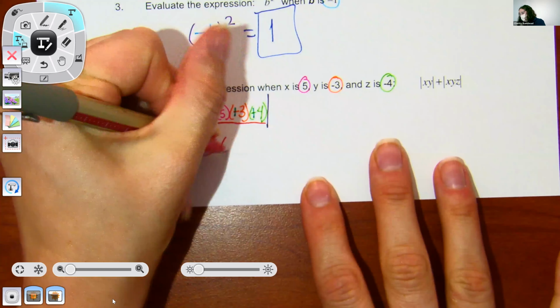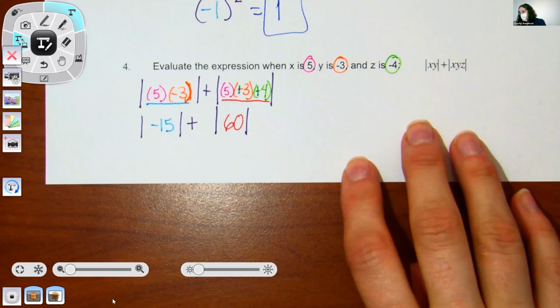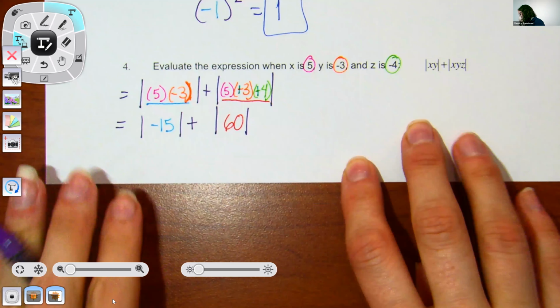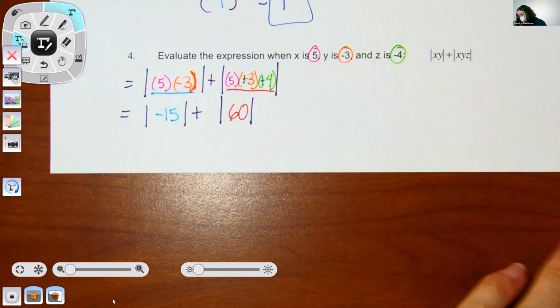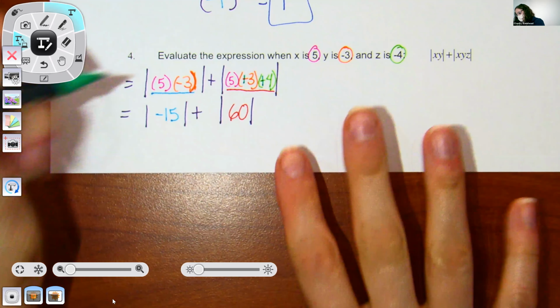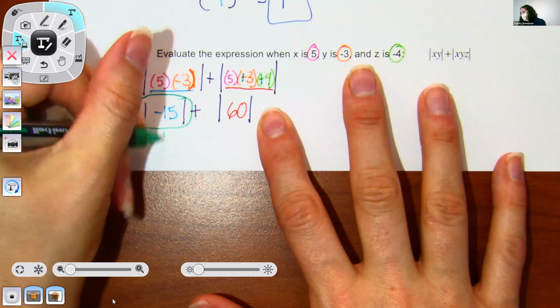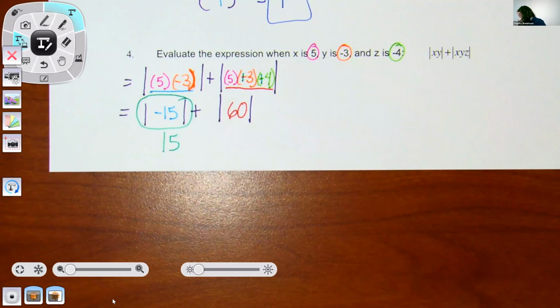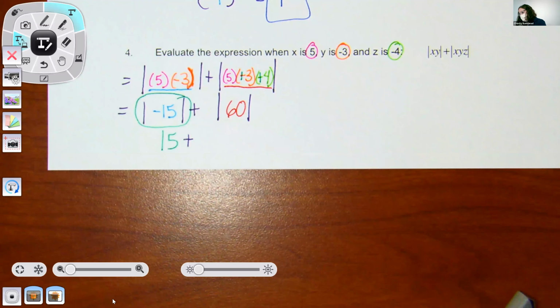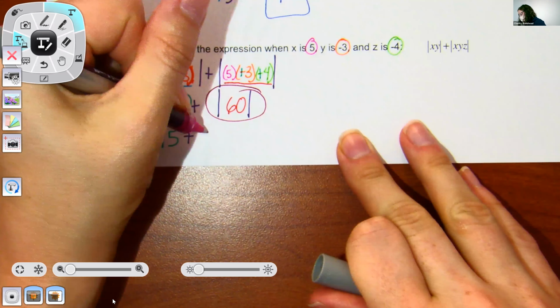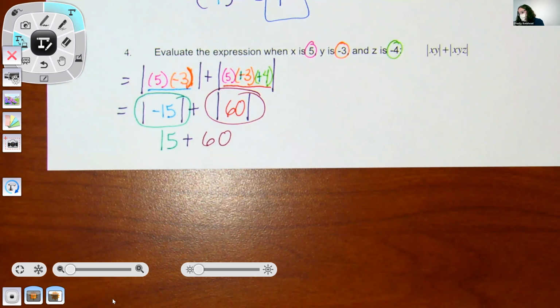All right. So the next thing I need to do is actually evaluate the absolute values. So the absolute value of negative 15 is positive 15 plus the absolute value of 60 is 60. So it's 15 plus 60, which equals 75.